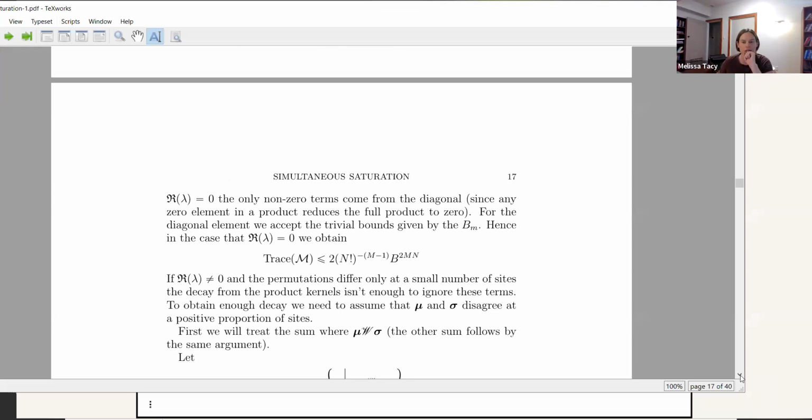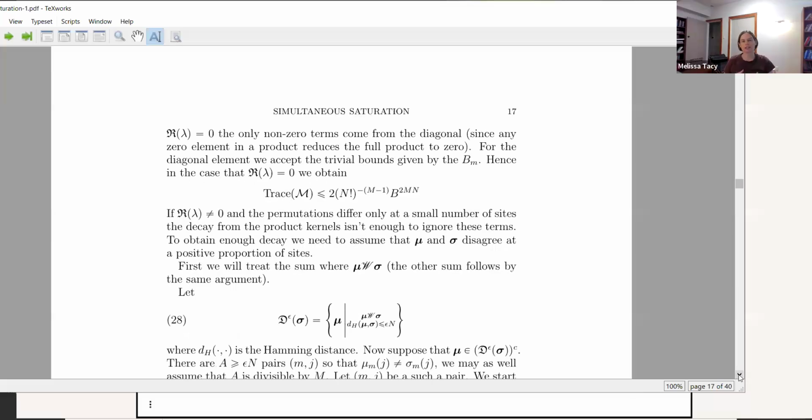Now, I can still do much the same sort of argument if R lambda is not 0, but if R lambda is not 0, I don't have that nice thing that 1 0 term in the product kills the entire product. In fact, if the product is very large, if n is really big, and I have one decaying term in there, I might not be able to see that decaying term if all of the other terms are big enough.